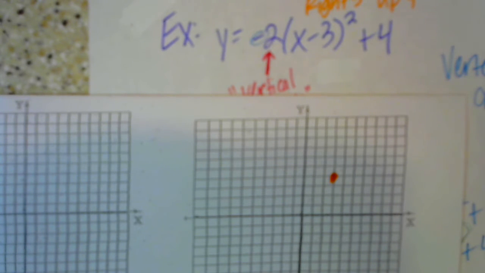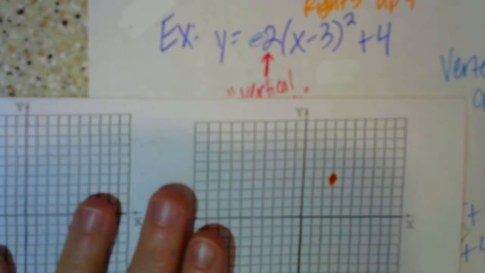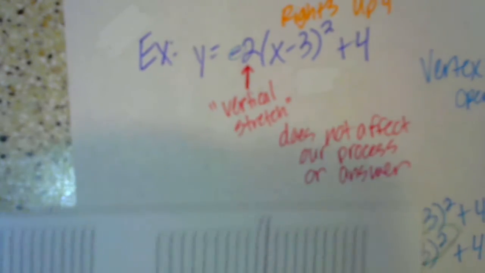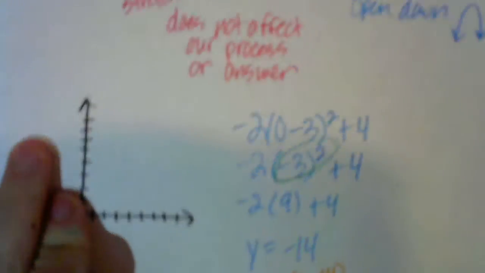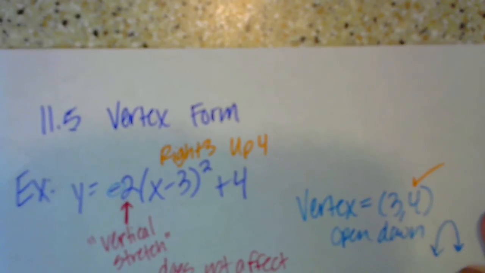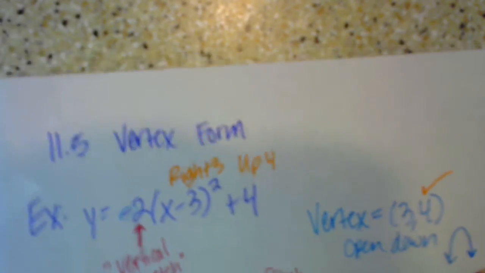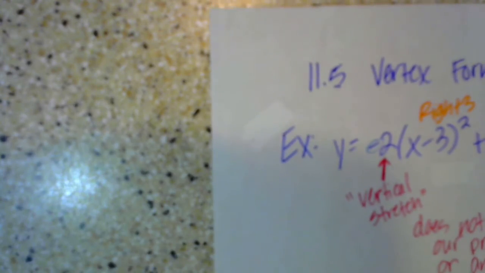It opens down, right? So it does have x-intercepts. So let's look at how that works out if we were to solve it. I'm going to step away from the graph real quick. So let's set this equal to 0 and see what happens.